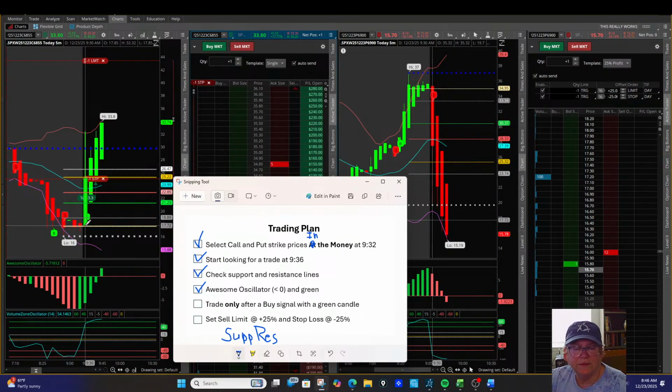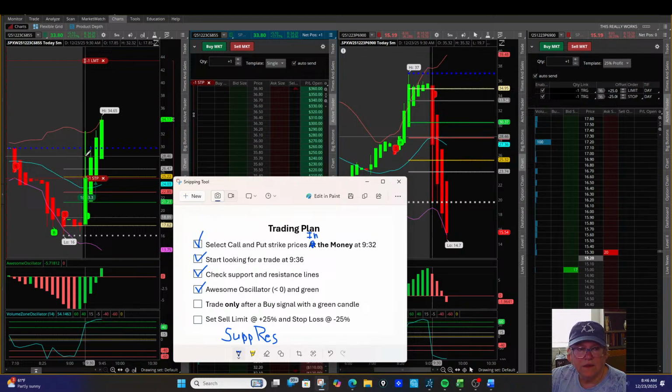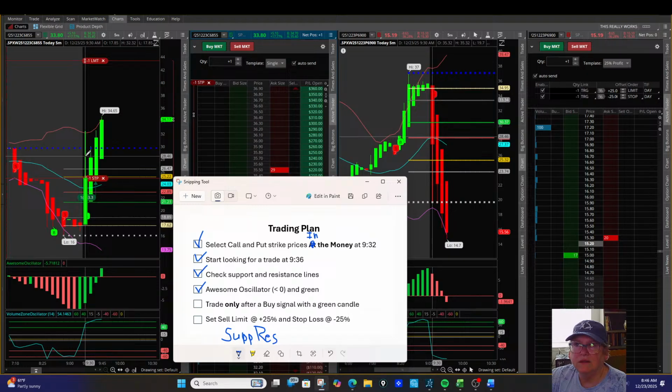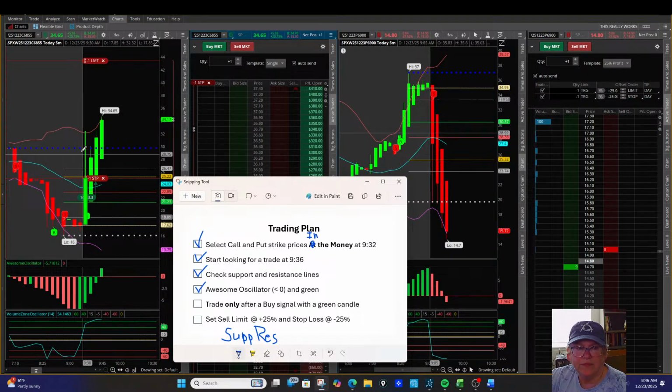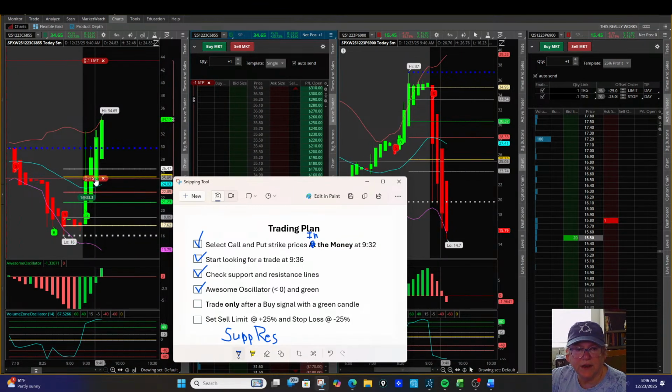I waited for it to go past the overnight high. And it sure did. Now I've got this stop in place so that if it comes crashing down, it will sell out at 25% below the price.